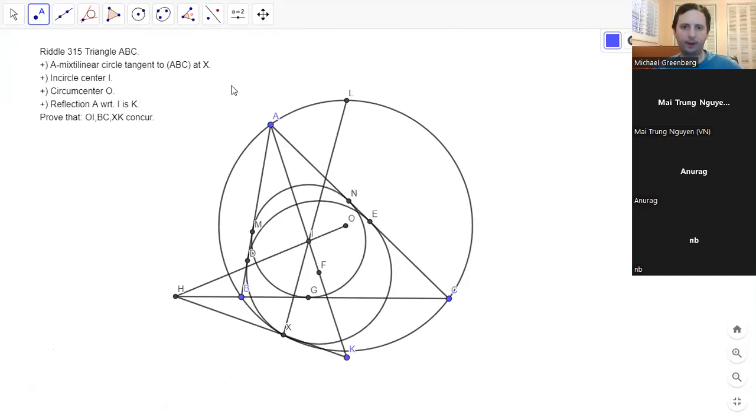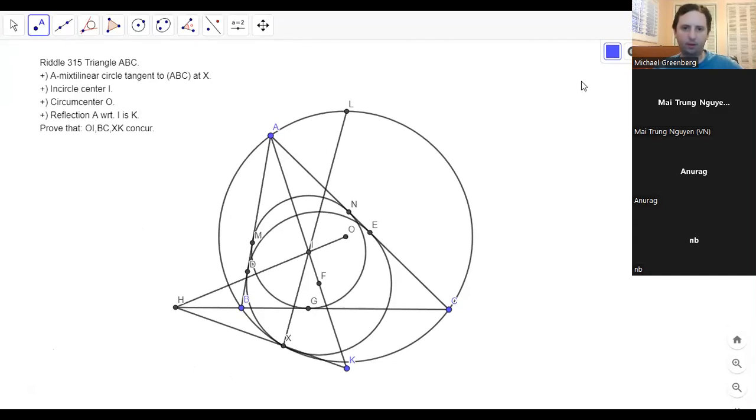So by projecting L, the antipode of L, O, and the point at infinity onto BC, and I guess what should we project through?